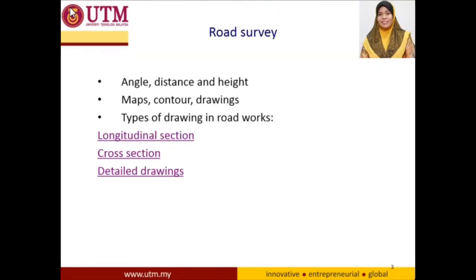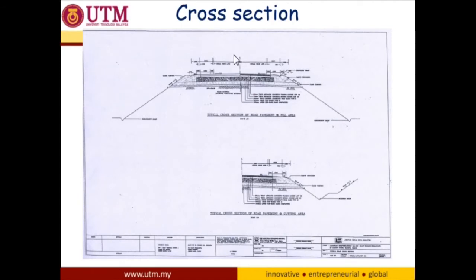And then we have a cross-section drawing, where this type of drawing is numbered according to chainage in large scale. So let's see what we have here. Okay, this figure shows the detailed cross-section of the proposed road. This is for the filling area and this is for the cutting area.